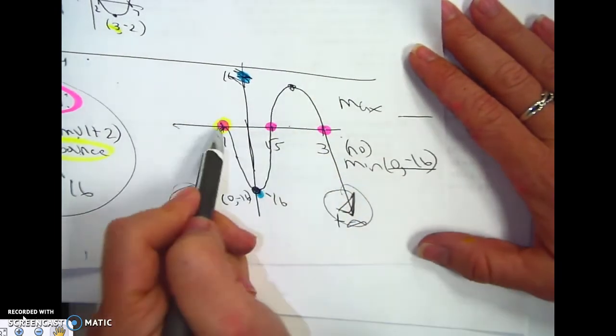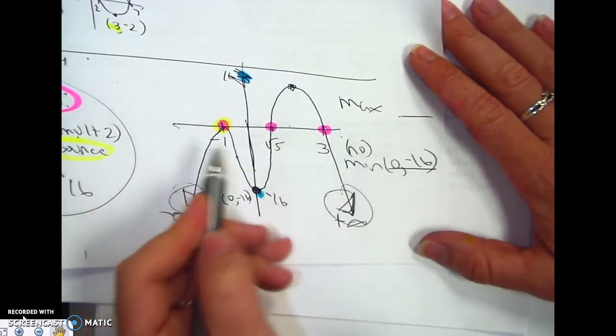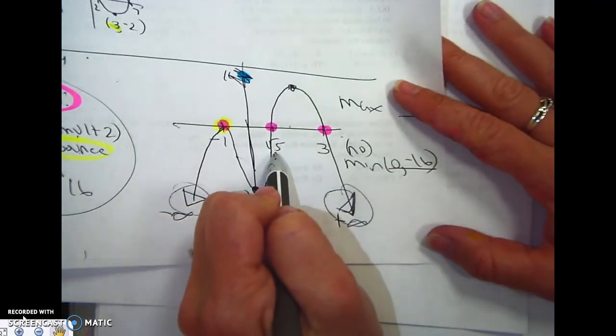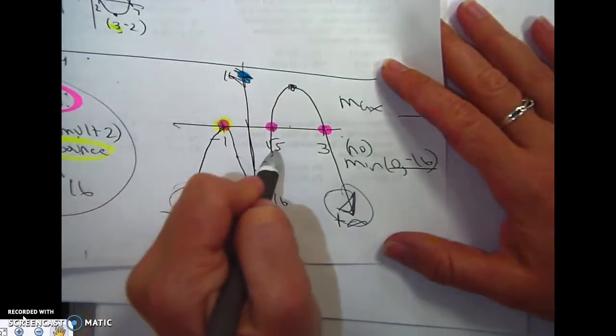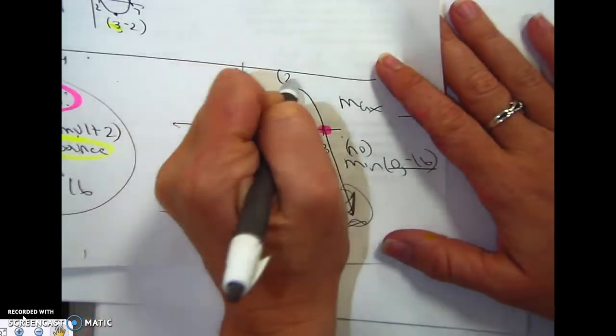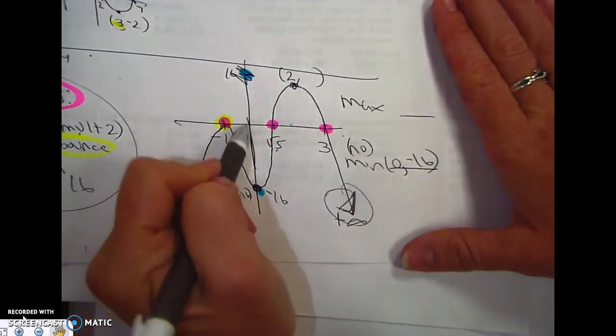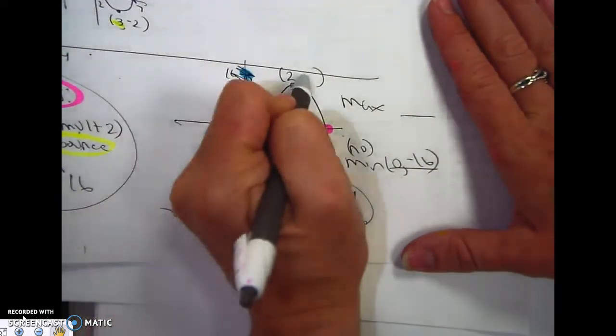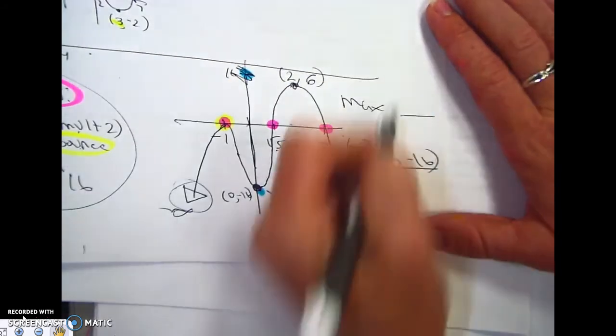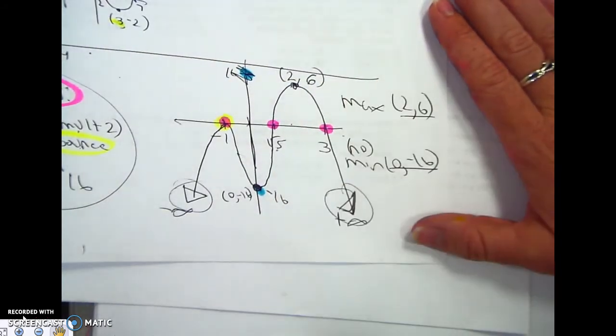It's not even relatively speaking. This is the max. So if I have rad 5, well, the square root of 5, let's say you're like, I don't know what it is. Then just know that it's less than 2. So make the x value 2. And then I just have to make sure it's a positive value. So let's say 6. Therefore, my max is at 2, 6.